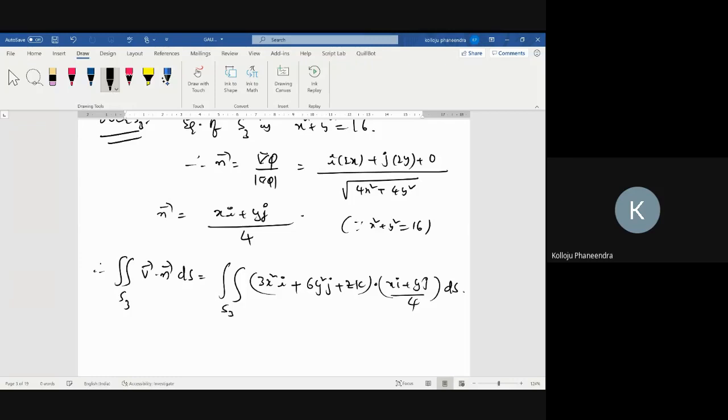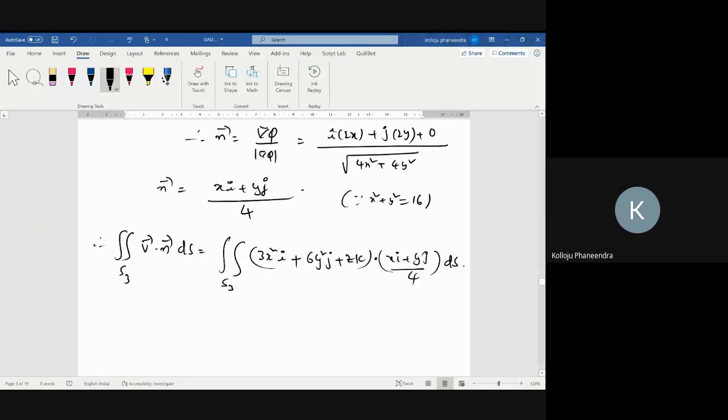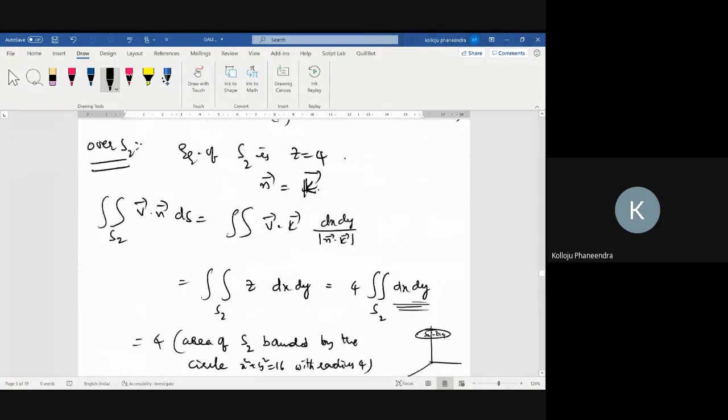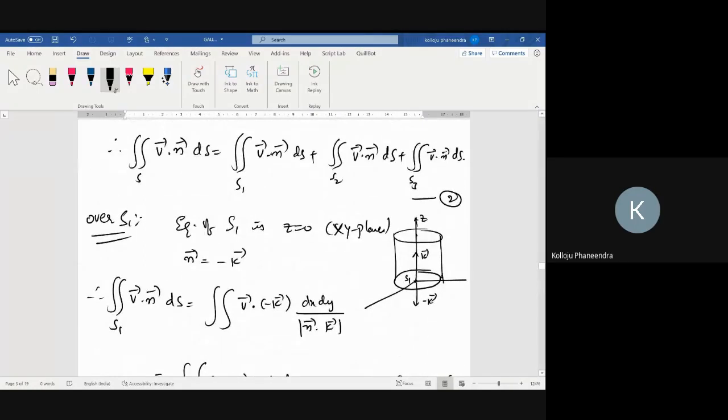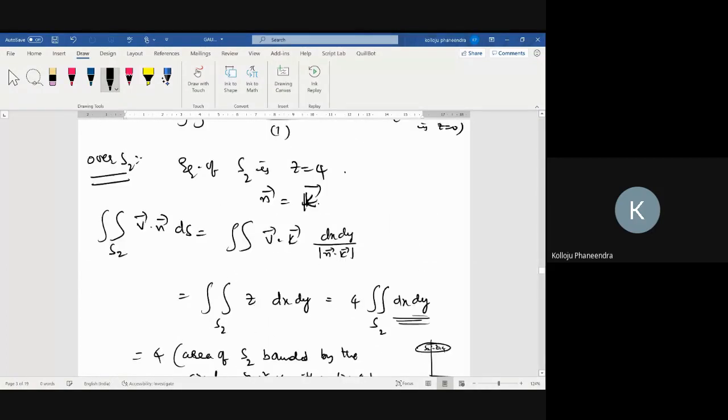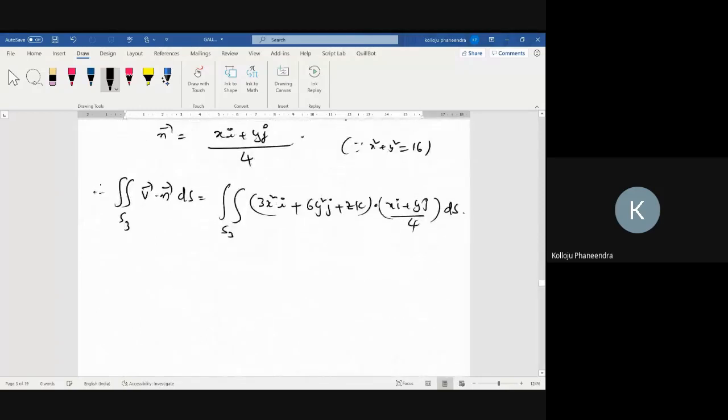Now this is over S3. See this problem: if I take n bar dot k bar on the xy plane, this is not on the xy plane. And one more important point: what is S3 here? This is S3. S3 is not in the xy plane. Remember, it varies from z equal to 0 to z equal to 4.